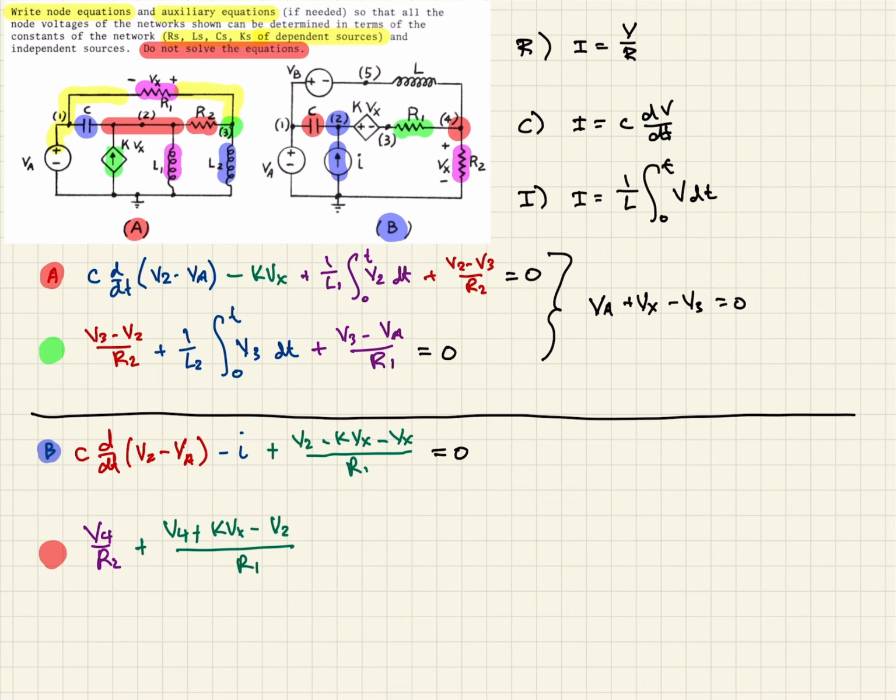And then finally, we've got this inductor here, L. If we write for that one, it's going to be plus 1 over L, integral from 0 to T, and the total voltage on that one is V4 minus VB, or VB minus VA, dt.